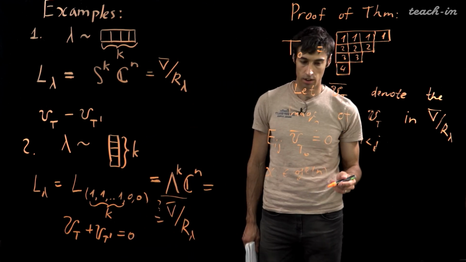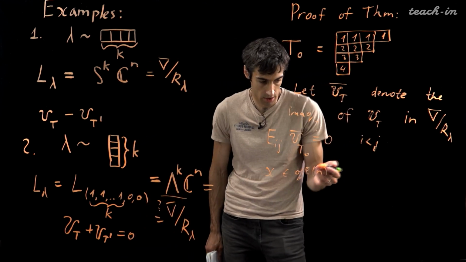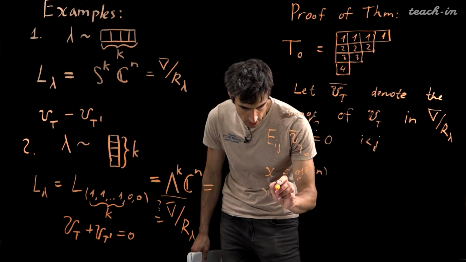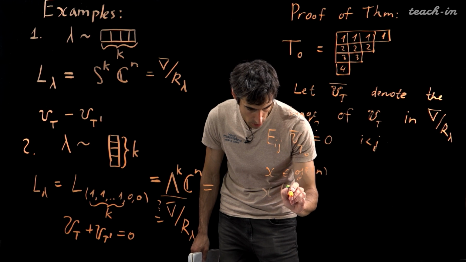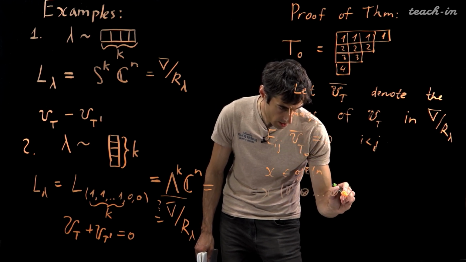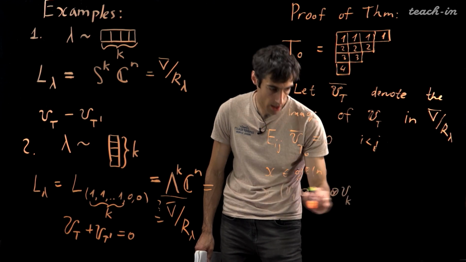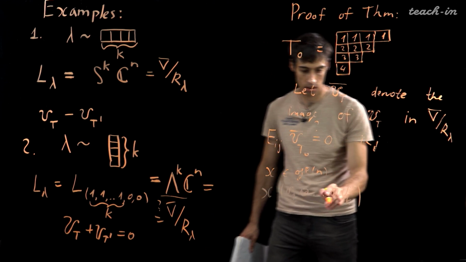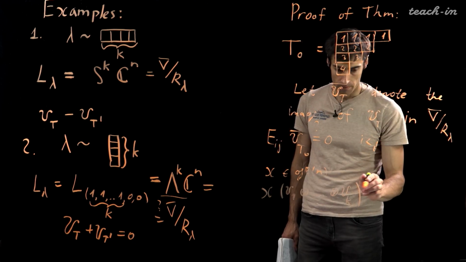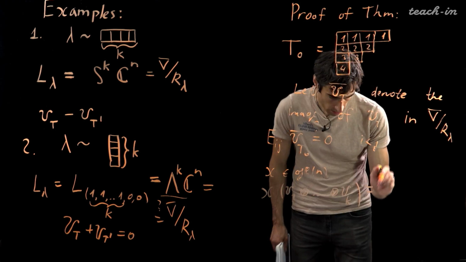How does it act on, say, x? How does it act on the tensor v1 tensor and so on tensor vk, some elements in C^n? Well, it acts by the Leibniz rule.